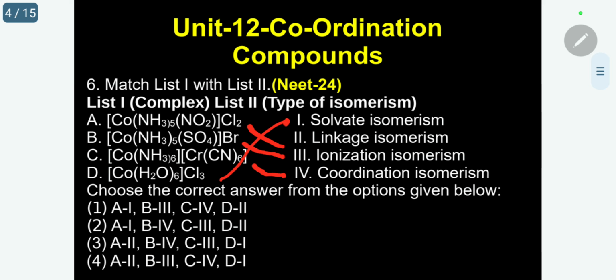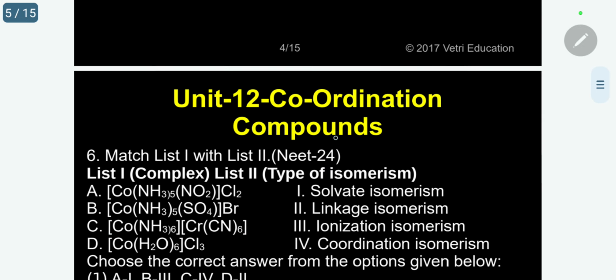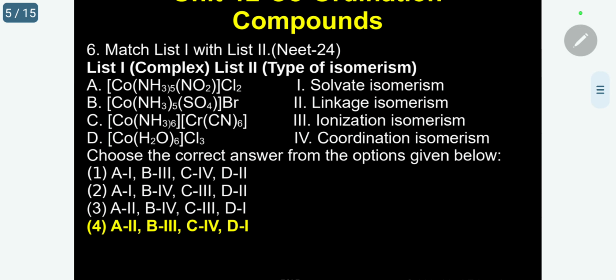So this is the actual nature of the isomerism. Let us verify now. So the answer should be 4. Yes, this is the correct answer. Only if you understand the nature, you can easily identify.